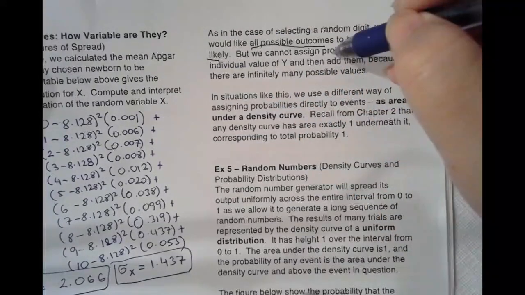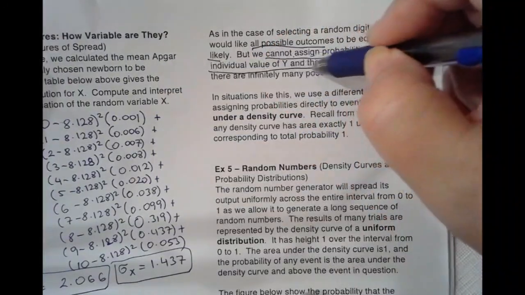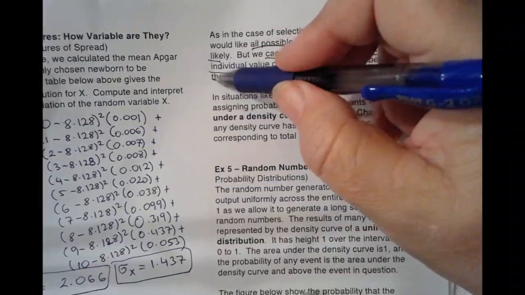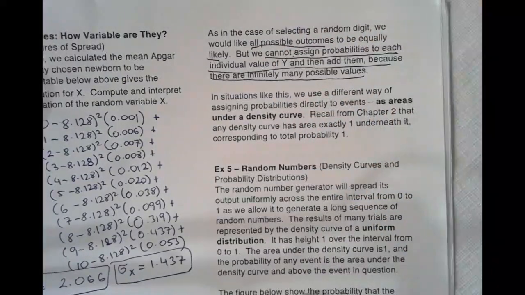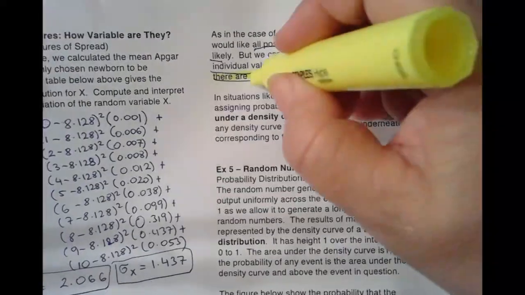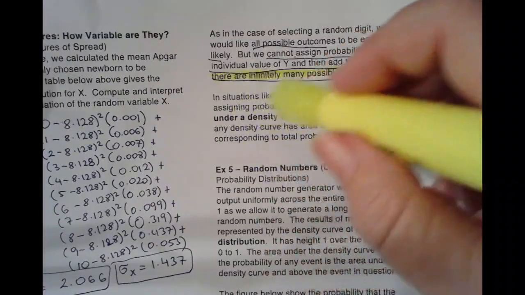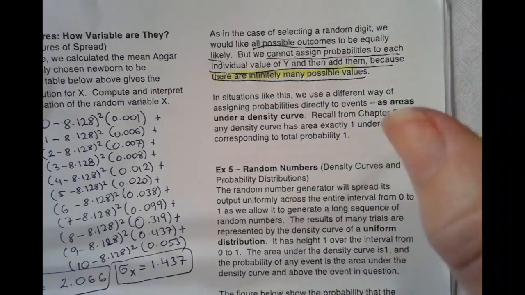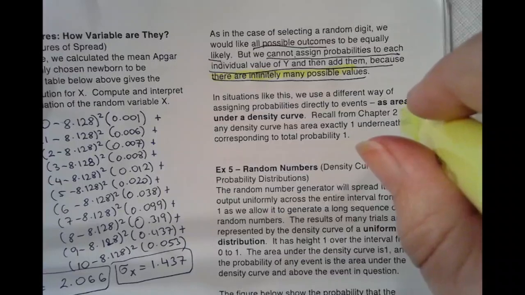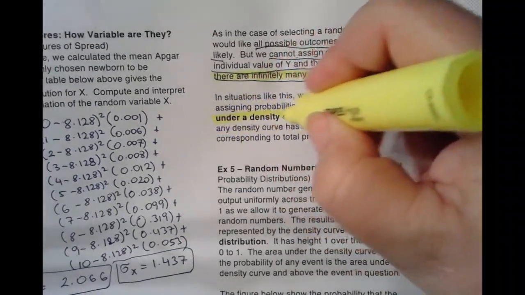But we cannot assign probabilities to each individual value and then add them because there are infinitely many possible values. So when we have infinitely many possible values, we call those continuous random variables. In a situation like this, we use a different way of assigning probabilities: as areas under the density curve.